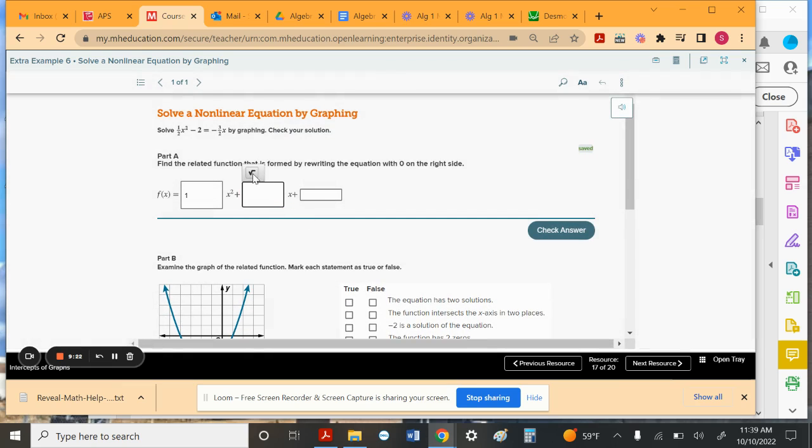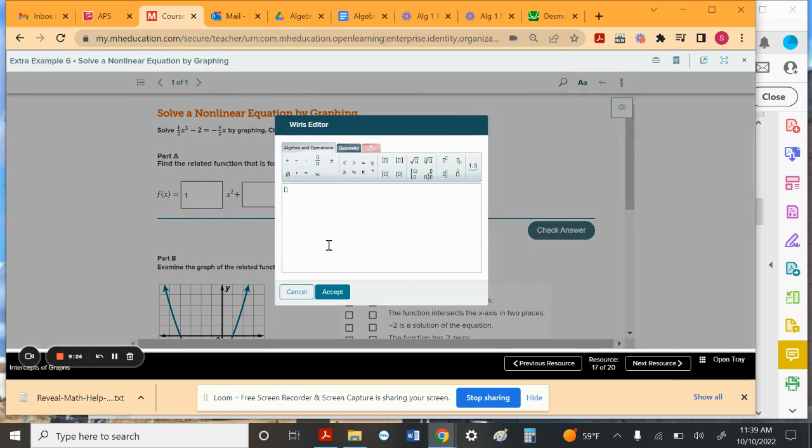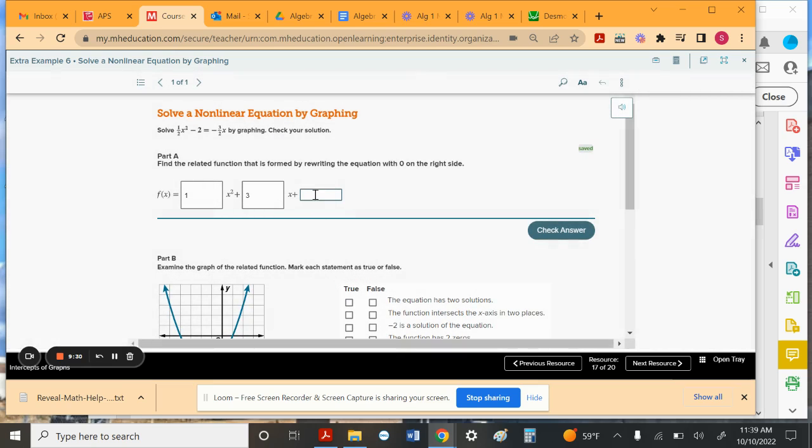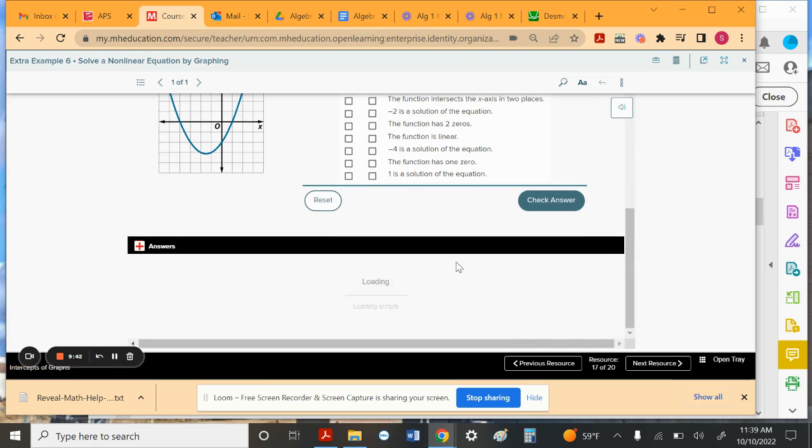If I come in here and click on that one, this one should be positive 3. And my constant value should be negative 4. And I don't know why it didn't like that. We're going to figure that out when we look at the answers.